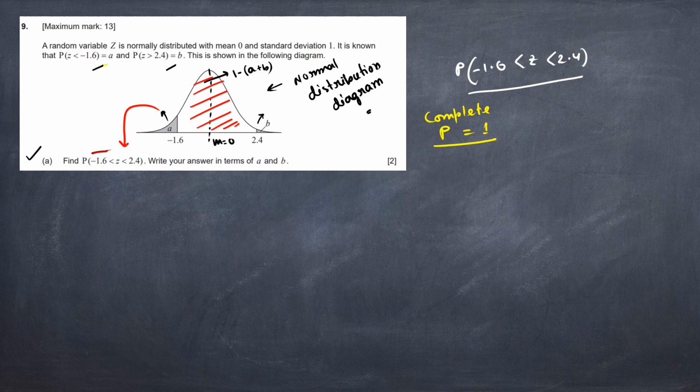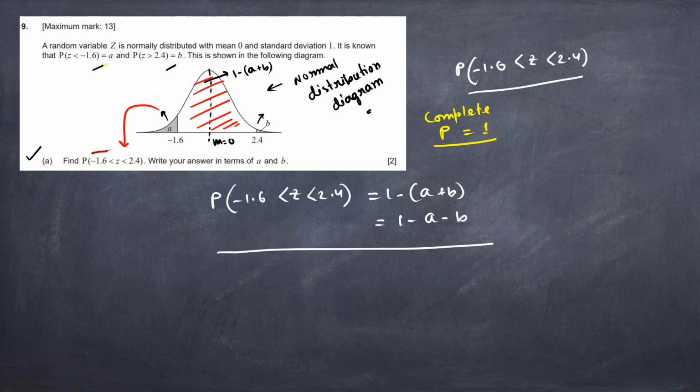So the complete probability is 1 minus a minus b. Ultimately, P(minus 1.6 less than z less than 2.4) is equal to 1 minus a minus b, and the result is in terms of a and b, because in the question itself we got the values in terms of a and b. So we will not be getting any numerical values from here.